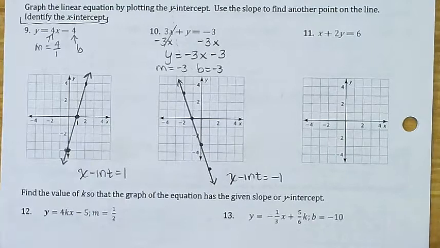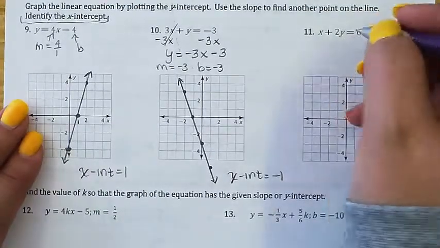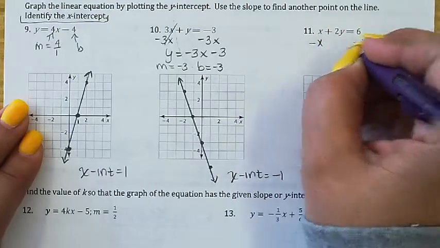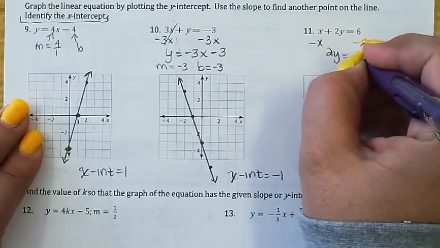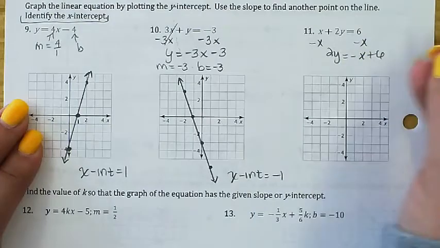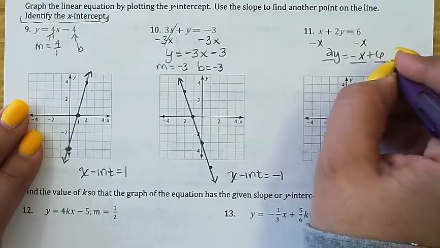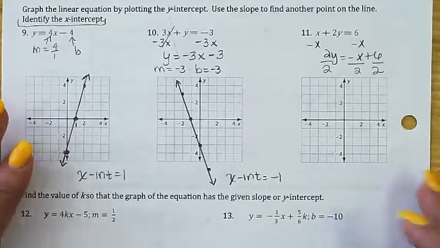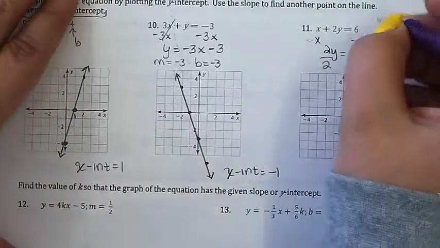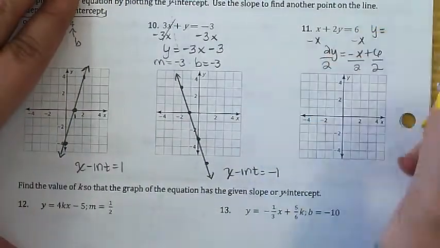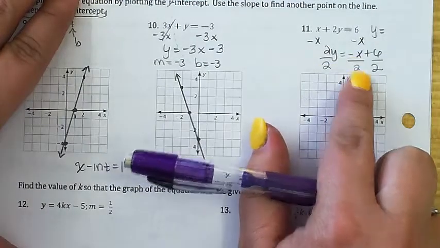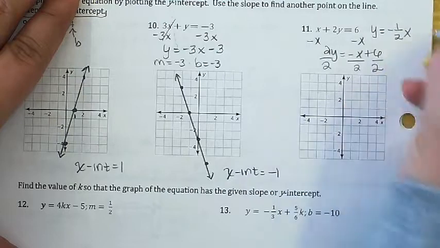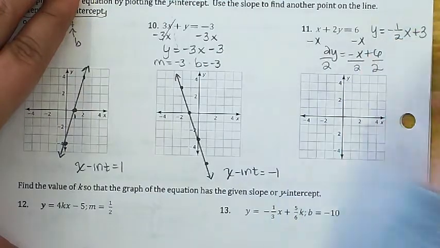Okay, and then last but not least, let's solve this one for y. So we'll move this to the side and then divide everything by 2 before we go ahead and conclude that our real equation here, in slope-intercept, is y equals, I get a -1/2 here, so that's a -1/2x, and then 6 divided by 2 is 3.